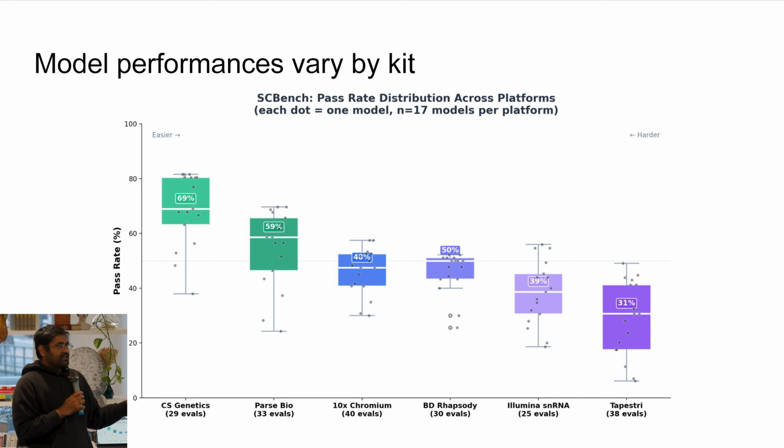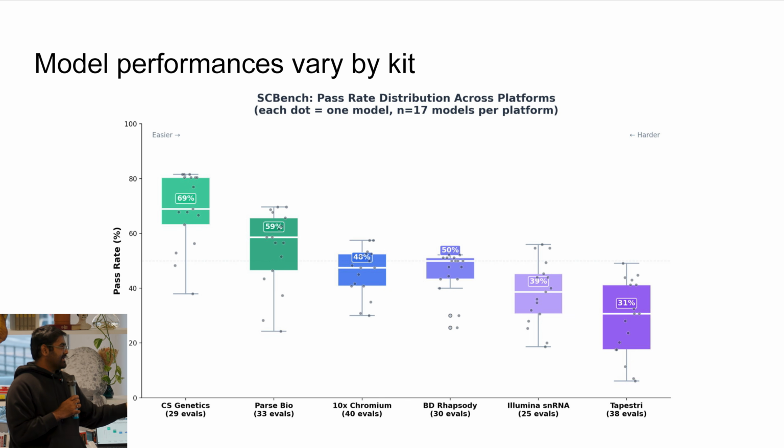And we also investigated if there are kit-specific artifacts in the bioinformatic capabilities, and we clearly see that the variants can still be broken down across these kits. For example, if you see Tapestry, which is right there at the far right of this graph, the model accuracy is pretty much low compared to the median performance, and this is primarily because this is an entirely different kit.